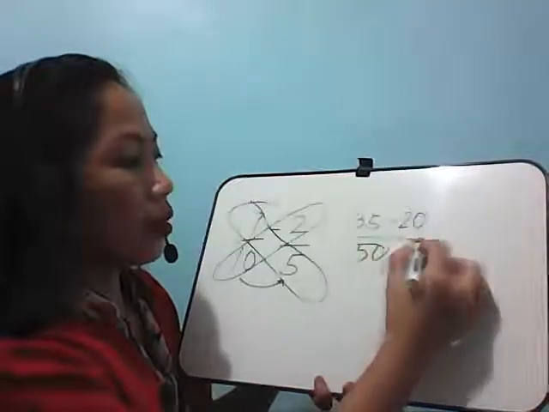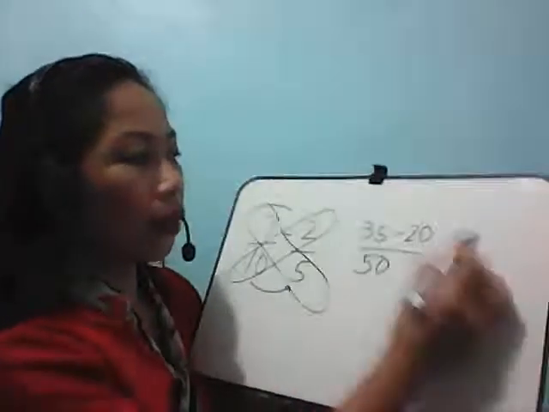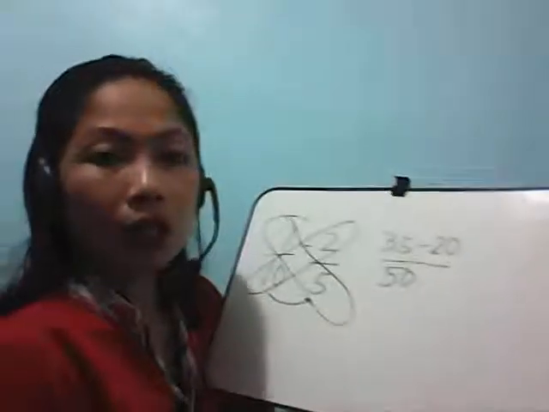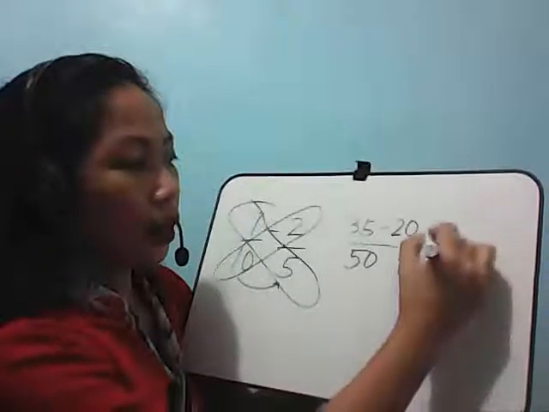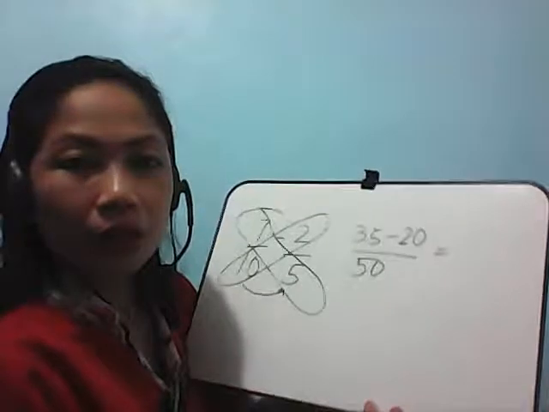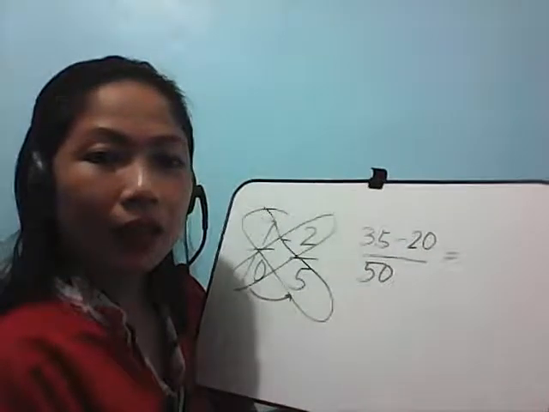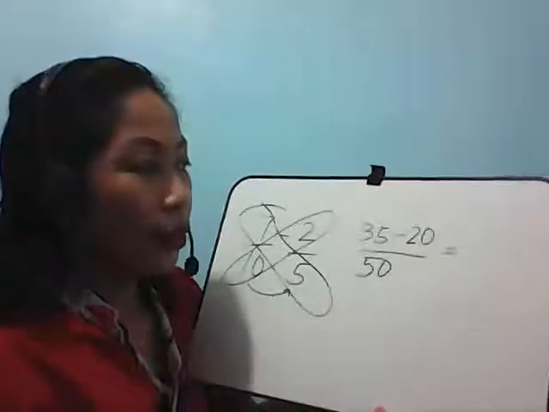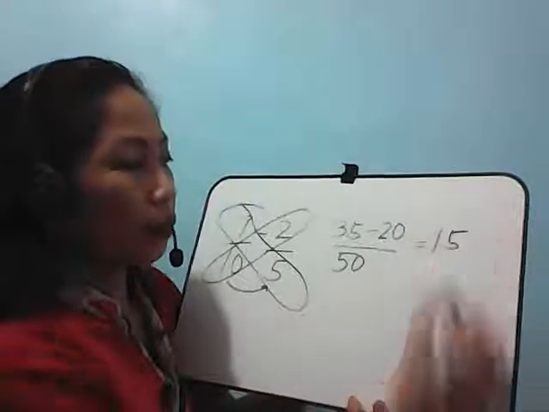Now, the third step, what are we going to do? Subtract. 35 minus 20, what is your answer? Our answer is 15.